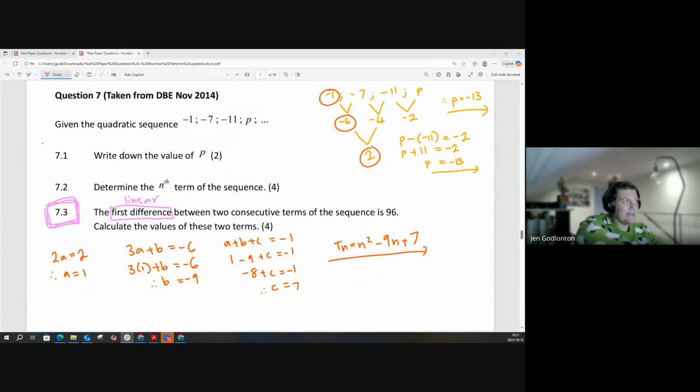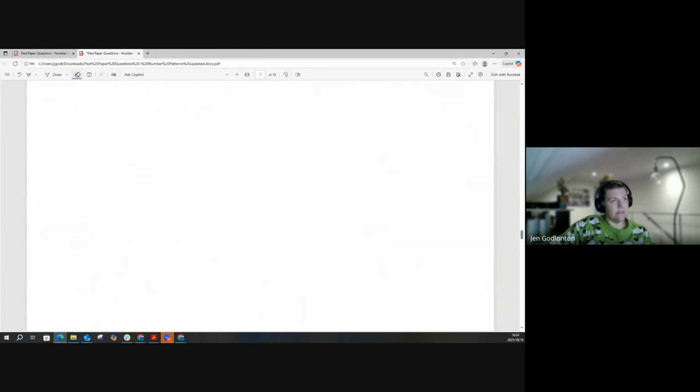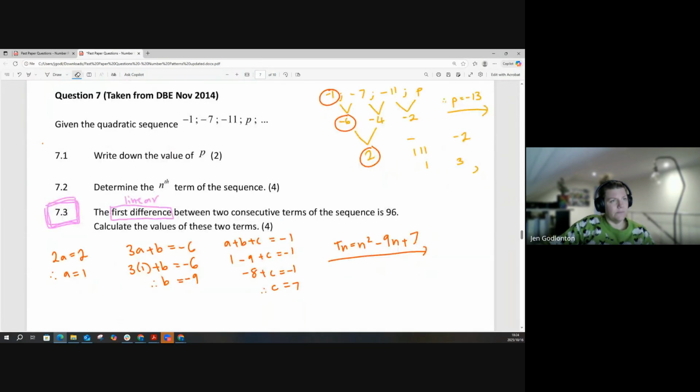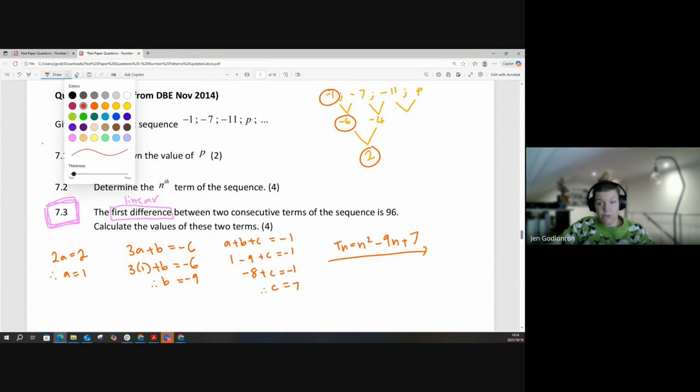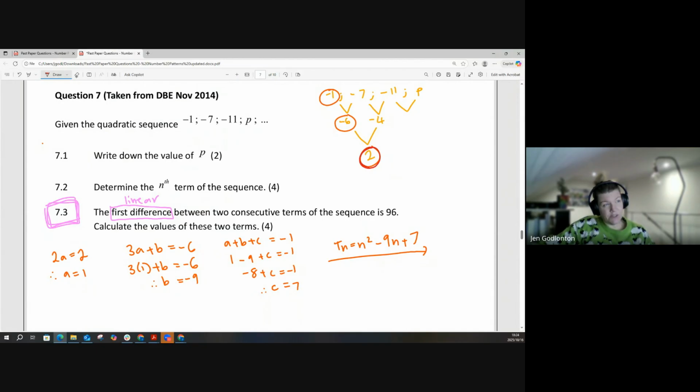Okay, so for 7.1, I'm going to write this in a different place. That's the information we know so far, right? So we have our quadratic sequence at the top, and then we know that we have our first differences. And our first differences always have a constant difference. So if these two differ by 2, because negative 6 plus 2 will give me negative 4, then I'm going to do the same thing over here. So I'm going to add 2.